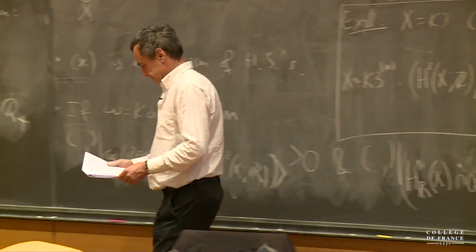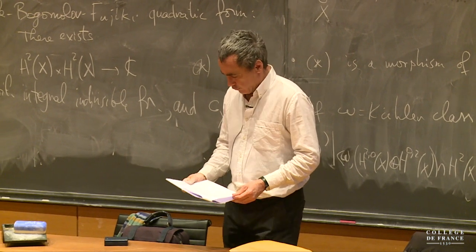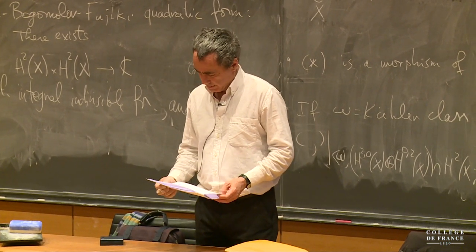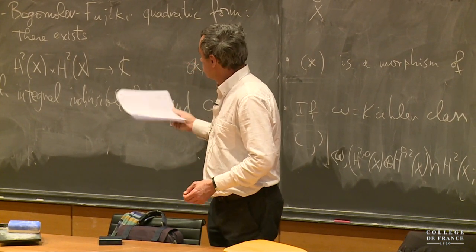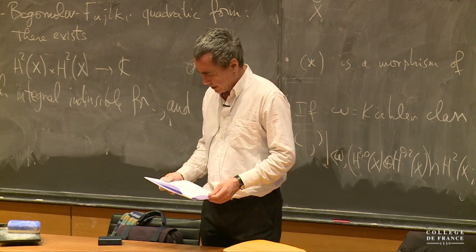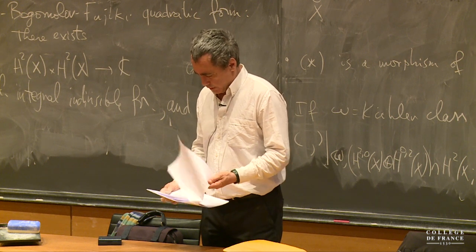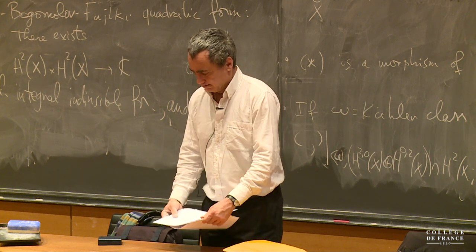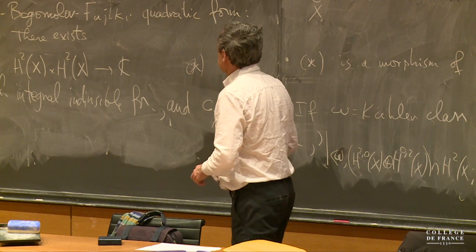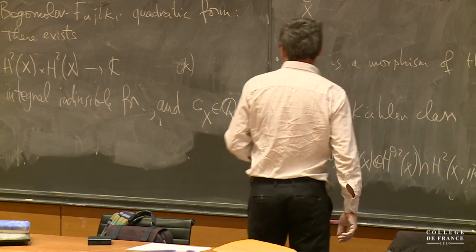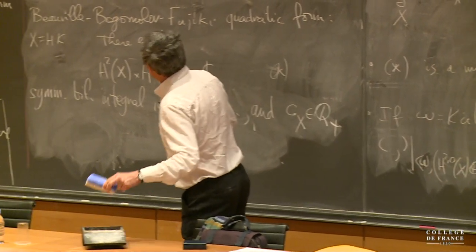Maybe there is some. If one could know something more about the Beauville-Bogomolov-Fujiki quadratic form in general, a priori, it would be useful. Now I have a choice.